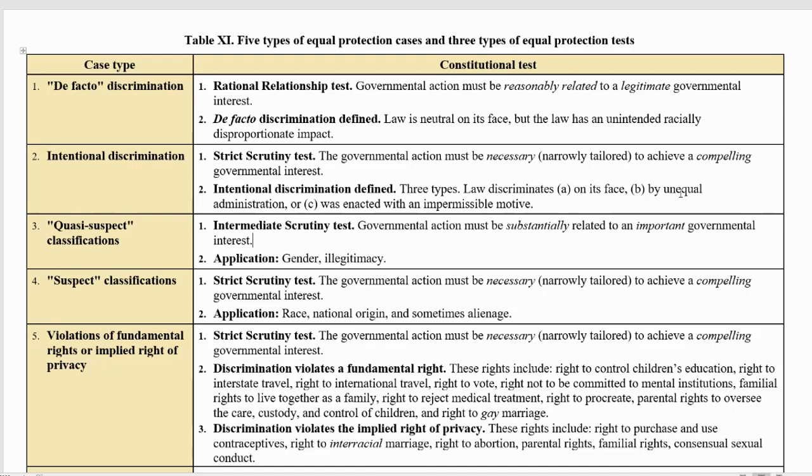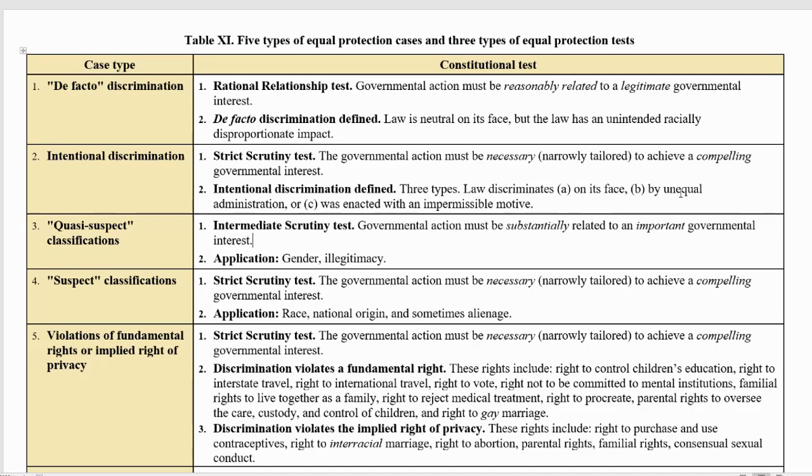So it has a relation, but not just a rational relation, it's substantially related. And then finally, sort of, law is neutral on its face, but law has unintended racially disproportionate impact, maybe, or I would say if this has to do with your right to work, your right to not lose your property, something like that, it'd be a rational basis test. So the government action must be reasonably related to a legitimate governmental interest.